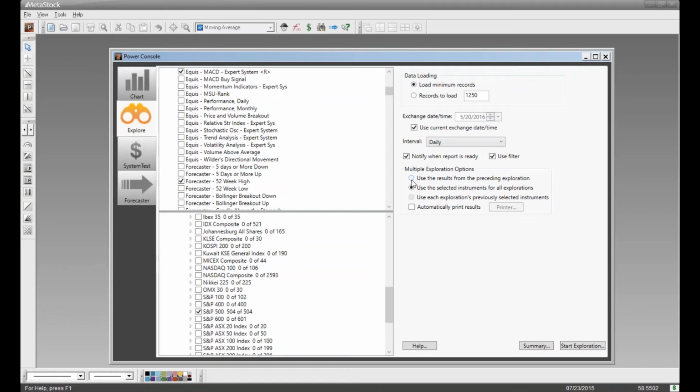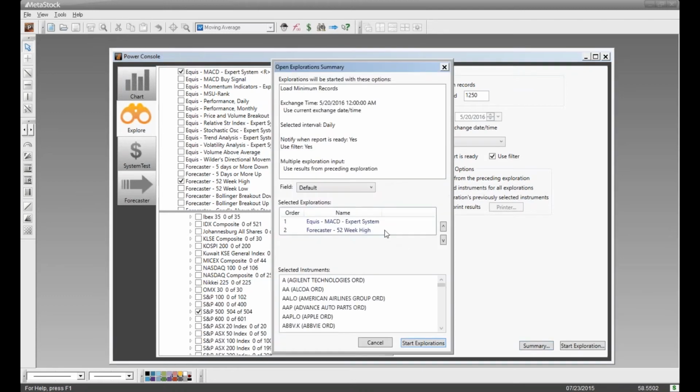Or you can set it up as what I call a drip system. So what we're going to do is click on Use the results from the preceding exploration. That means that as we're looking at our summary screen, we're going to run our MACD expert system first, and then the positive results from that are going to drip down and look into 52-week highs.